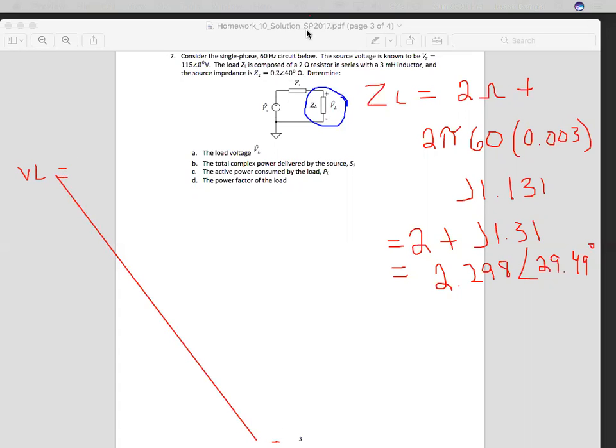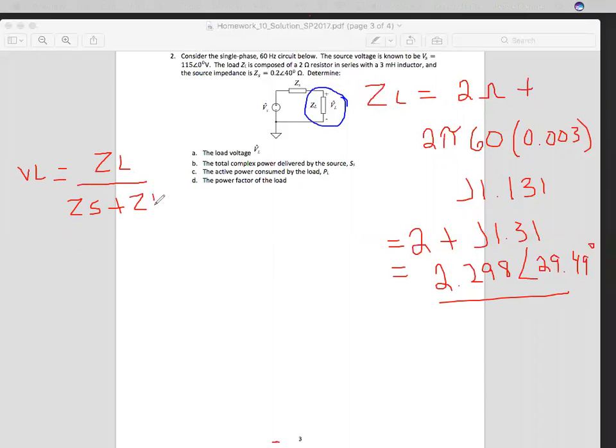VL is equal to ZL, which again we found to be this value here, divided by ZS, which was given, plus ZL, times VS. There are other ways of finding this, but this is simple enough.